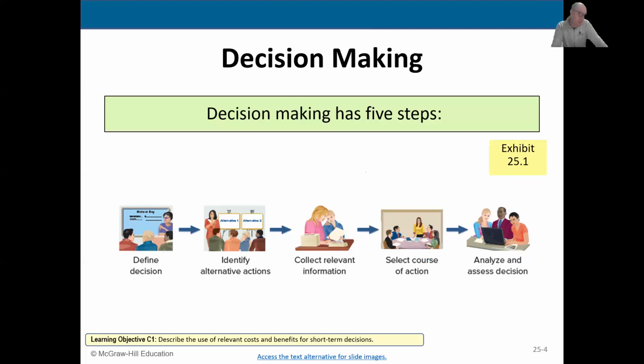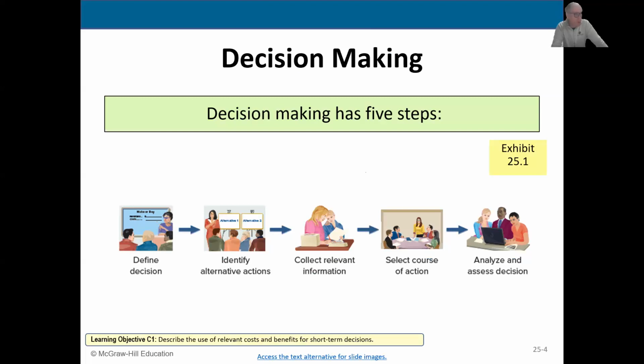This is looking at the different possibilities: option A, option B, option C. We collect all of the related and relevant information, like the costs associated with each alternative. Then we select one of the options, option A, option B, option C.